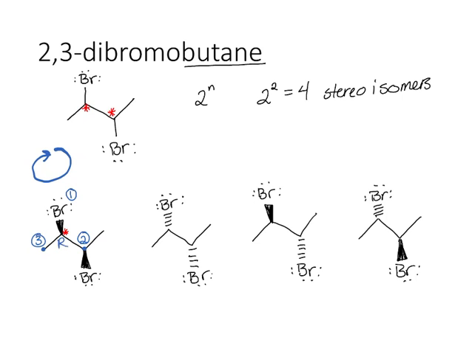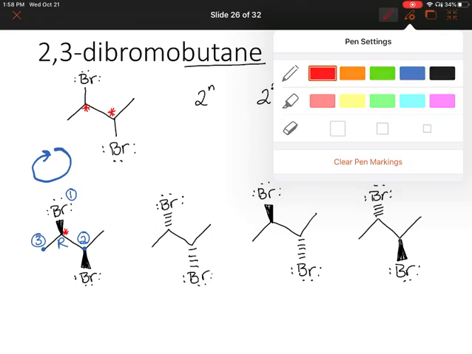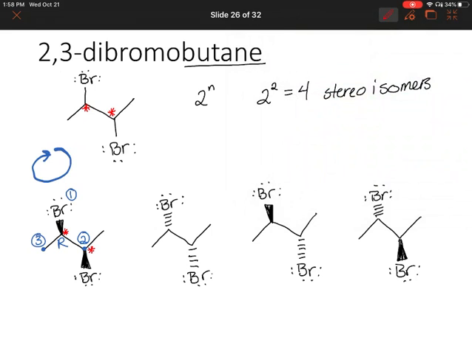All right, now let's do the same thing for the second stereocenter. So which atom has highest priority, bromine, carbon, or hydrogen? Very similar to before, bromine does. And then we're competing between two carbons.